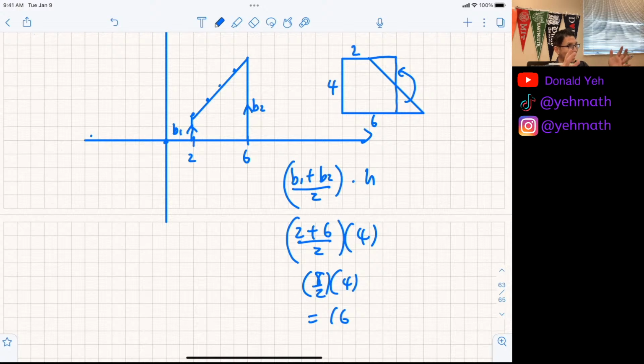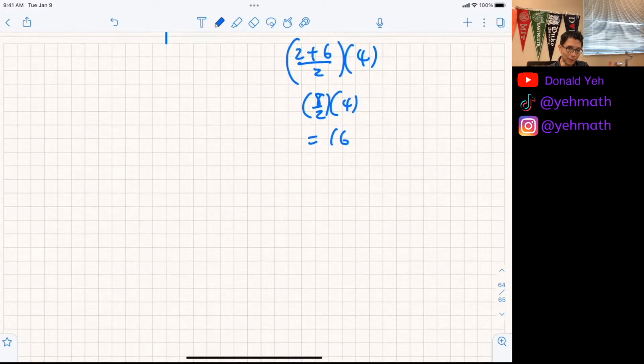You average your base 1 and base 2 to become one base, and that base multiplied by height is the same thing as the area of a rectangle. It's just the average of 2 different bases. Are you understanding?